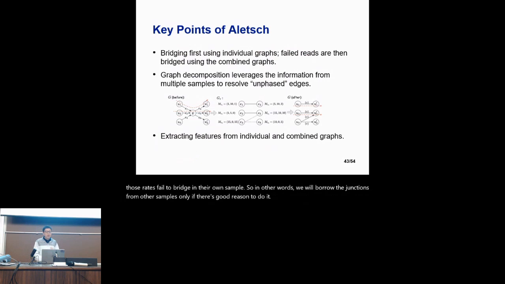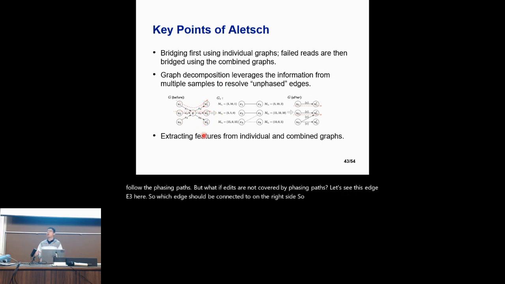Second, we will leverage the information from other samples to do graph decomposition when we have unphased edges to address. So remember, in the graph decomposition, we mainly follow the phasing paths. But what if edges are not covered by phasing paths? Let's see this edge E3 here. Which edge should it be connected to on the right side?